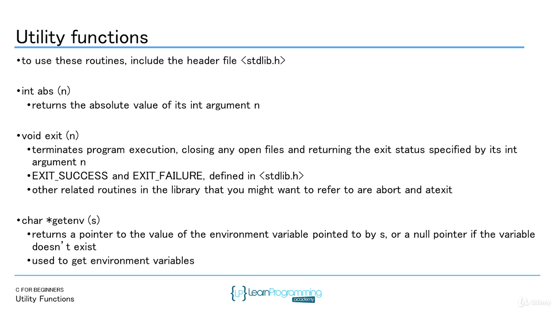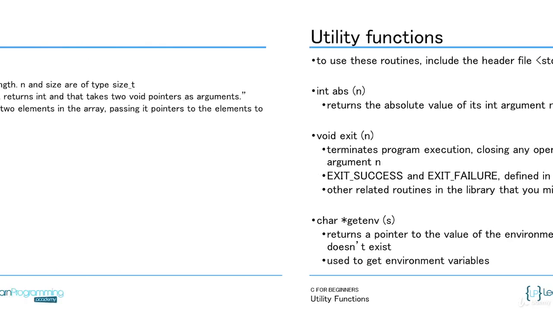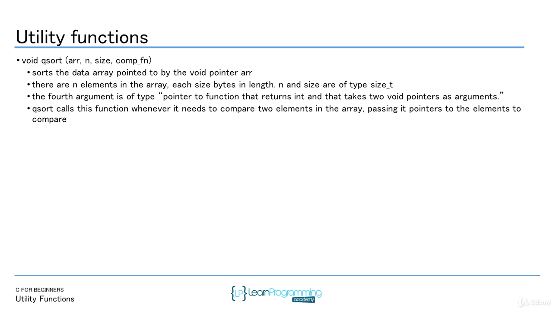There are environment variables in Windows to specify paths or where different programs are located, or just generic global variables. You can set an environment variable, and then you can read it using this function getenv, and it will read in that environment variable, and you can use it in your program. So again, if it's things like path, anything related to your shell or your environment, getenv is very useful.